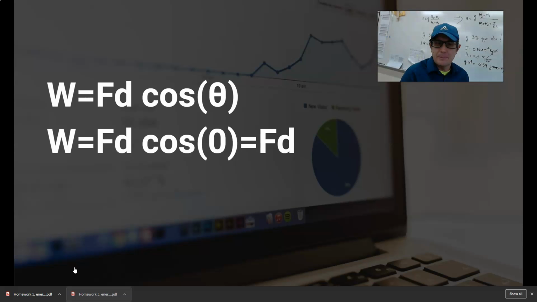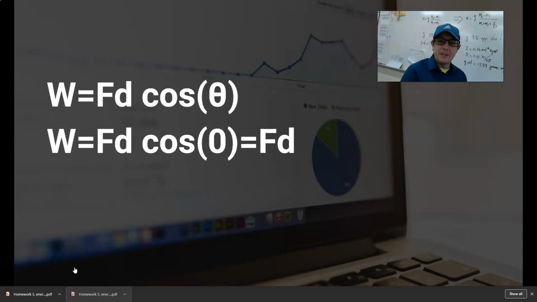That's why people say force times distance times cosine of the angle. It's better to say force, the magnitude of the displacement, and the angle between the displacement vector and the force.